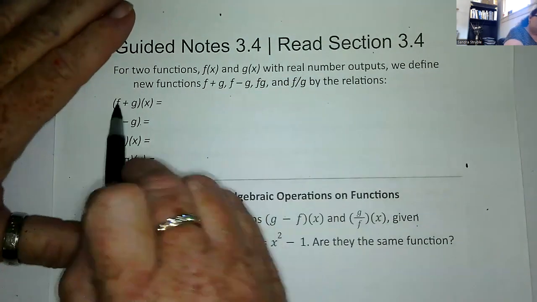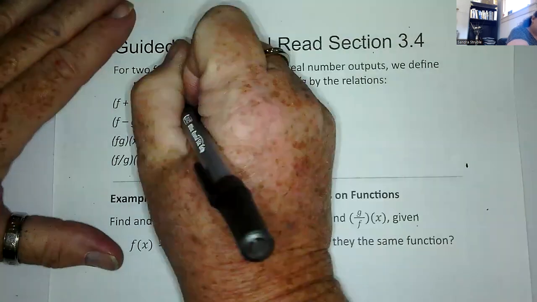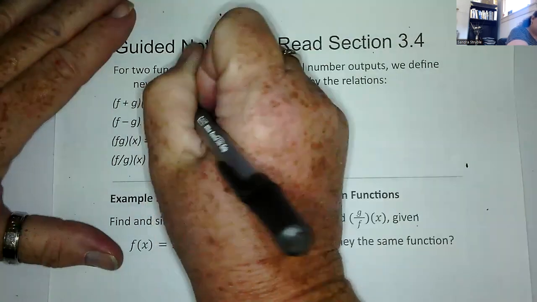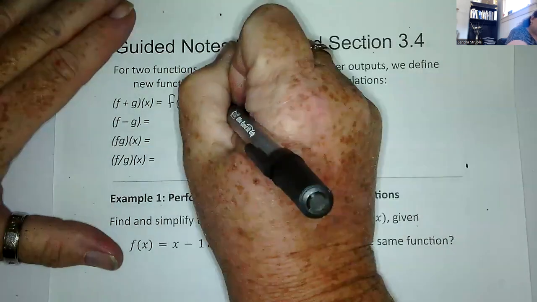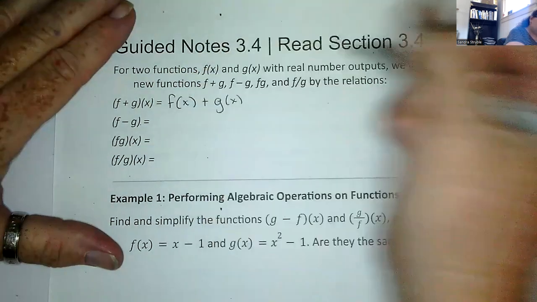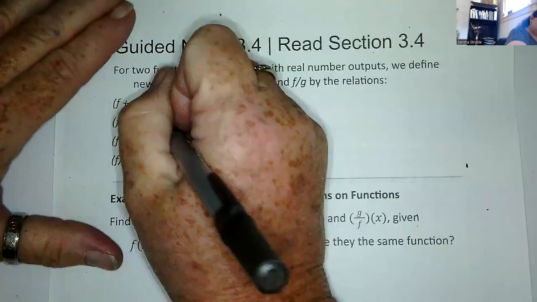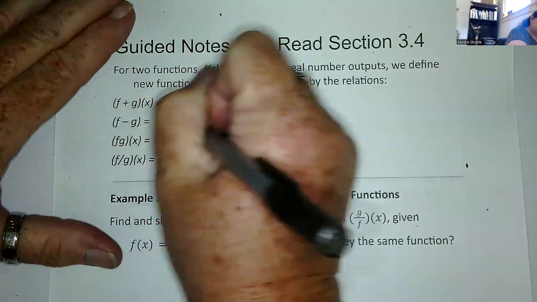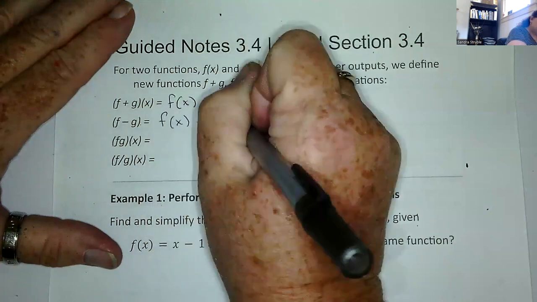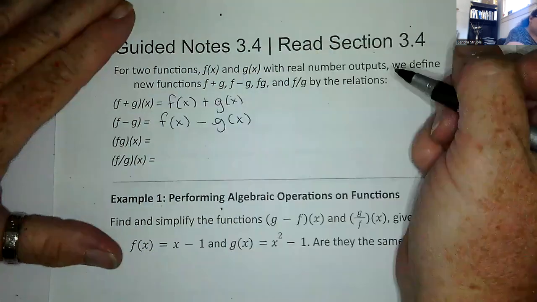If you have f plus g, you're going to take the function f of x and add it to the function g of x. The next one, function f minus g, is the function f of x minus the function g of x.